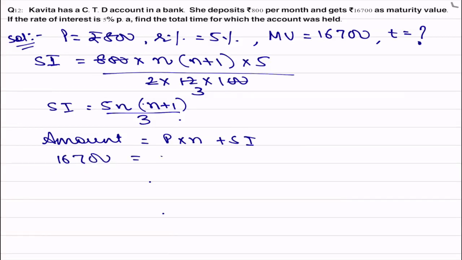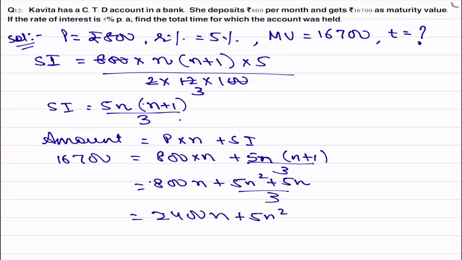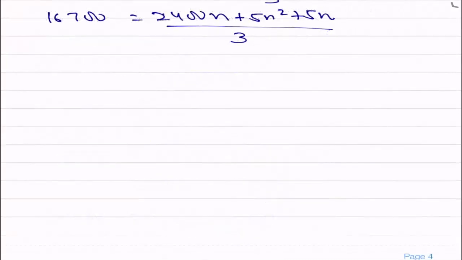Amount value we will substitute, principal, n is missing, and simple interest. When we solve, we will see after opening the bracket and taking out the LCM, we are left with this equation. After cross multiplication, we are left with this equation.